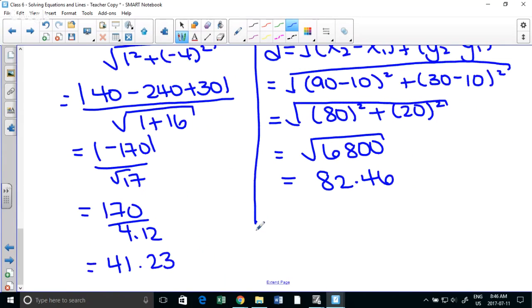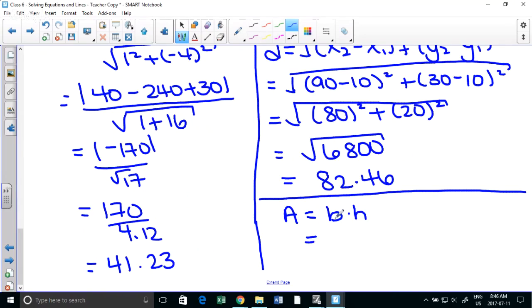Now that we have both of those values, I know that the area of a parallelogram is base times height. So base being the 82.46 and the height being 41.23.